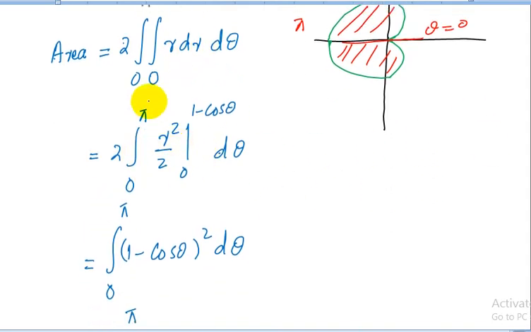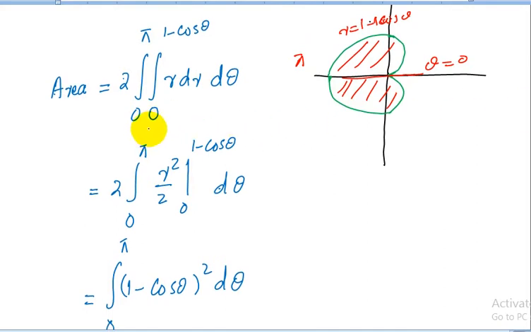Now we evaluate this integral. This is equal to the integral from 0 to pi. First we apply the second integral, which is from 0 to 1 minus cos theta, dr. So it becomes r squared upon 2, and the variation of r is from 0 to 1 minus cos of theta.